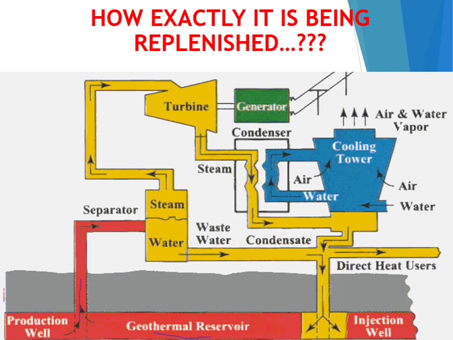Because of the steam, the turbine rotates and changes the energy into mechanical energy. Then the mechanical energy changes to electrical energy with the help of a generator, which is connected by the same shaft. This is how the geothermal energy is being replenished.